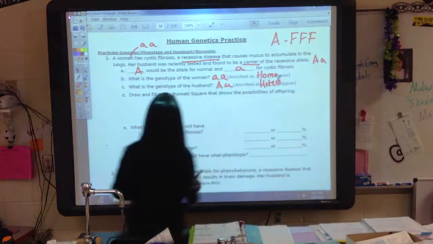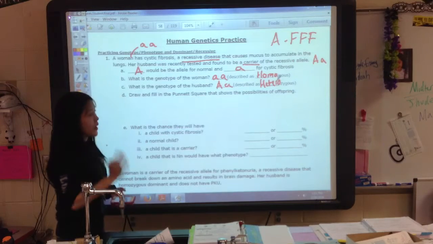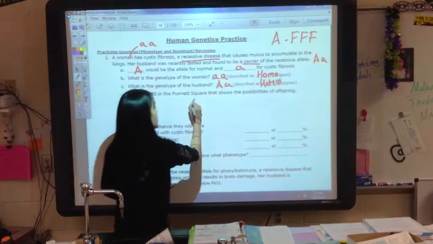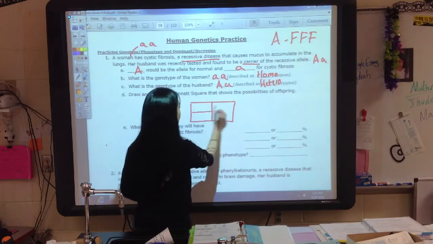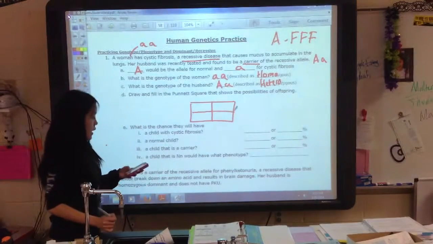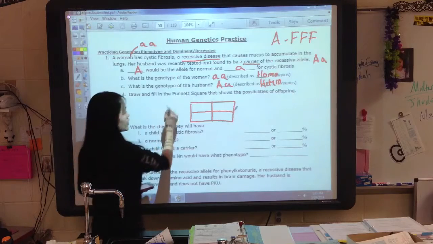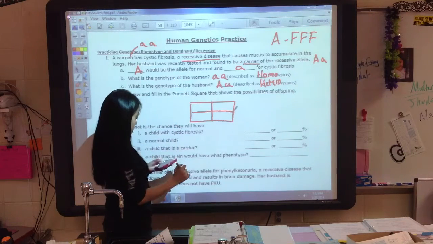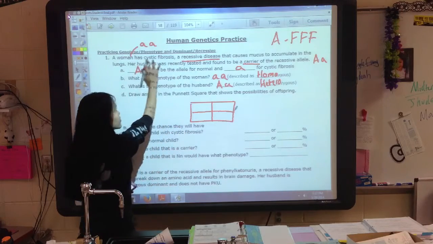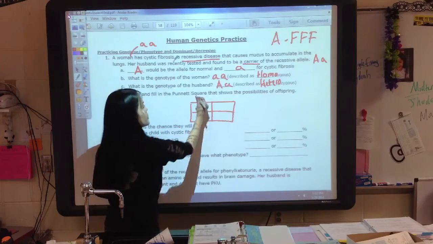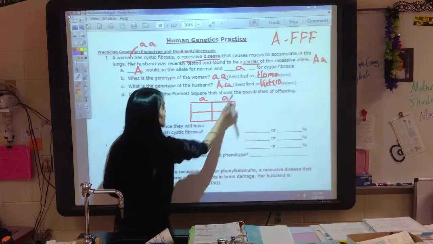What we need to do next is draw and fill in a Punnett square, and this is where you really need to pay attention. We're going to draw a little box and separate it. And what we're going to do is actually write the genotypes of both of the parents. So first, I always start with whoever was named first, with the mom, and she was little a, little a.